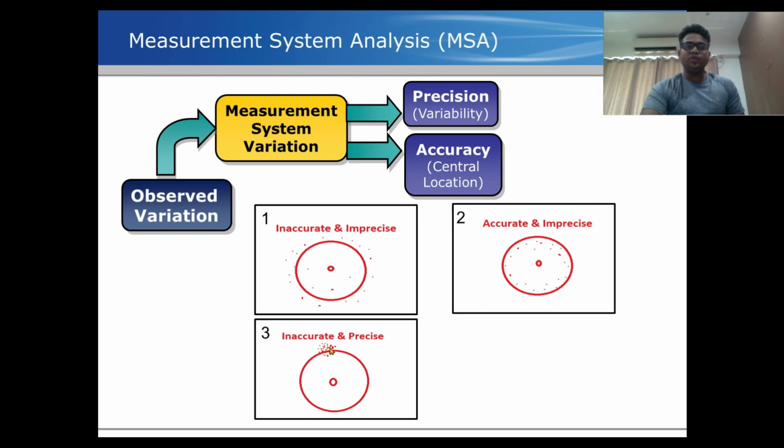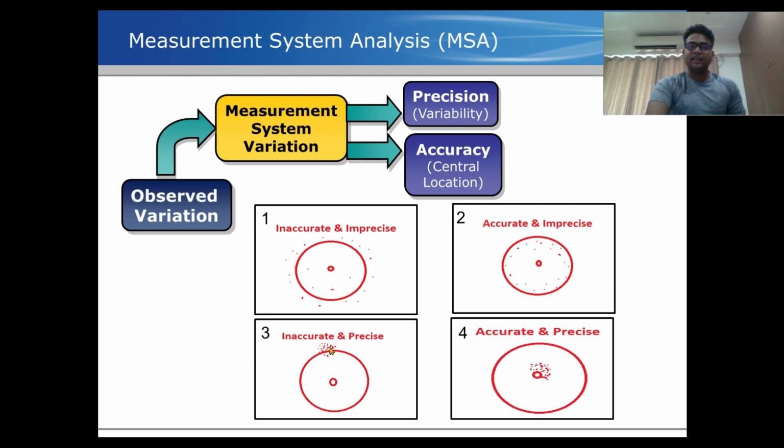And this last one is the example of precise and accurate, because all the observed values are near the center, as well as very close to each other.